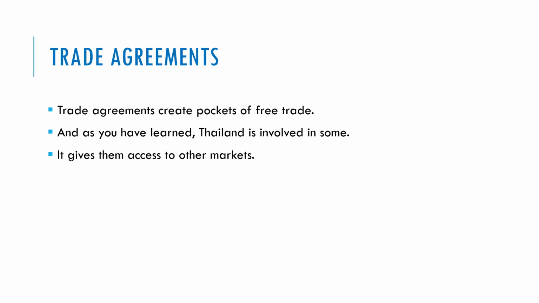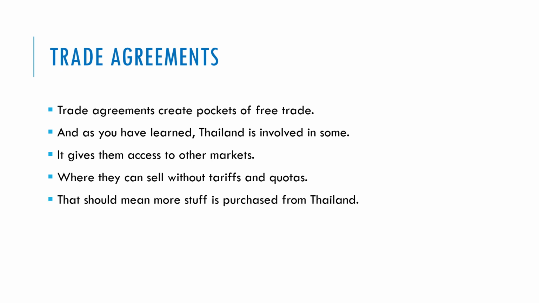When you can get involved in global trade and have access to markets and sell more stuff, that's great, right? So when Thailand participates in these trade agreements, it gives them other places to sell their stuff, and they can sell that stuff without tariffs and quotas. That's the point of the free trade agreement, that there's not going to be tariffs and quotas in place, which should mean more stuff is purchased from Thailand, right?